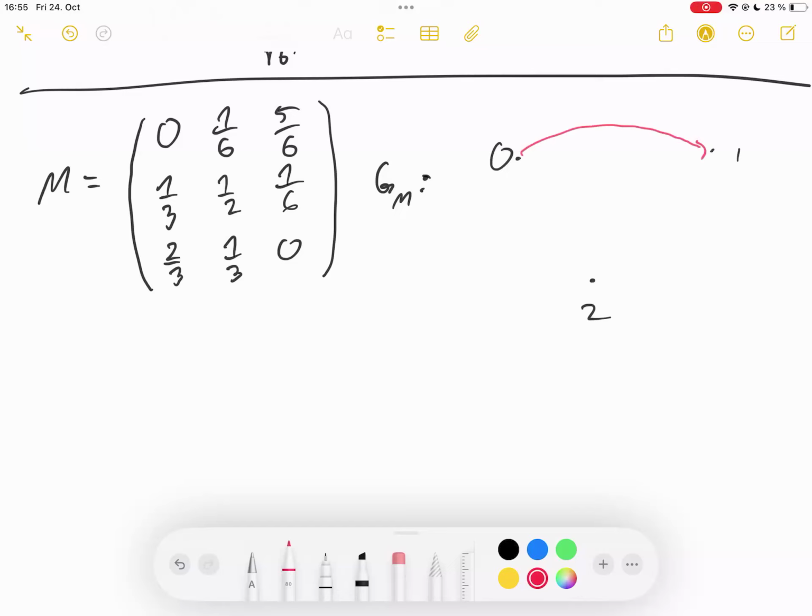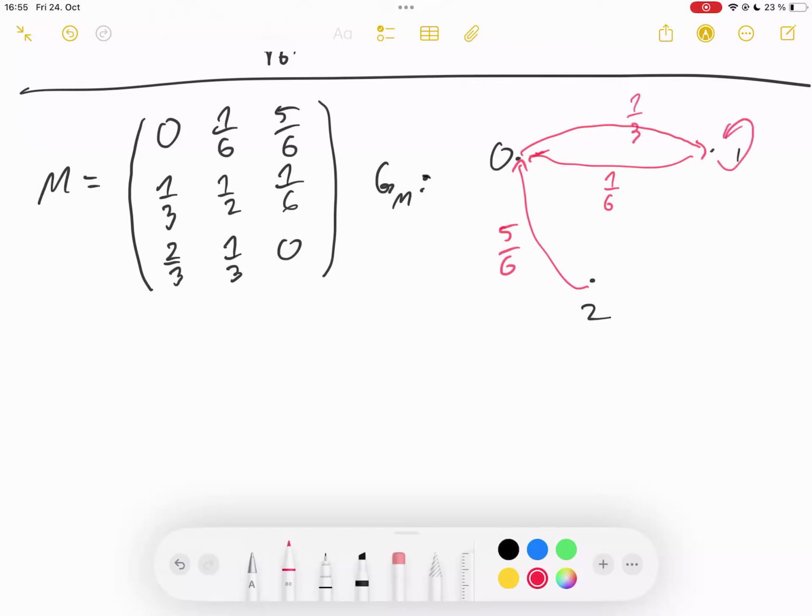Well, we start. So 0 has incoming ones, which is 1/6 from 1, and 5/6 from 2. 1 has incoming ones from 0, which is 1/3.